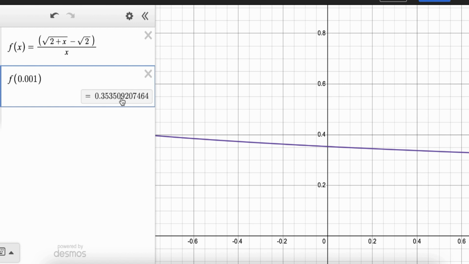Now, we've looked at this graphically. We have looked at this limit algebraically by investigating what the value of the function is at values of x near 0. None of these methods are likely to impress your teacher a great deal.